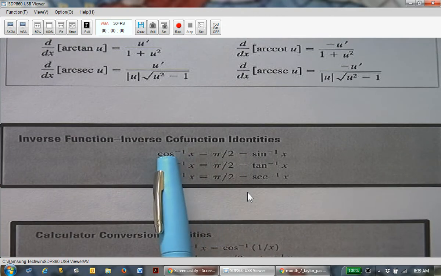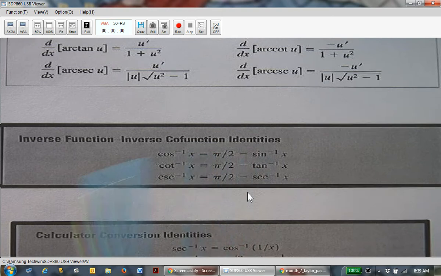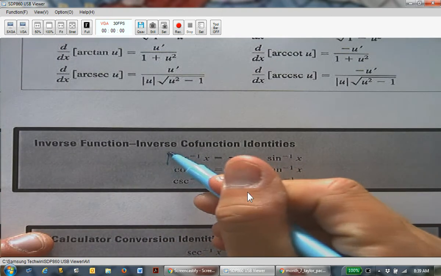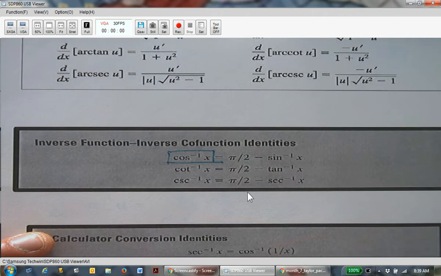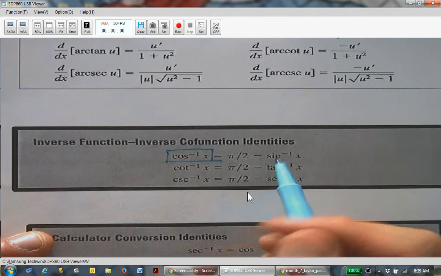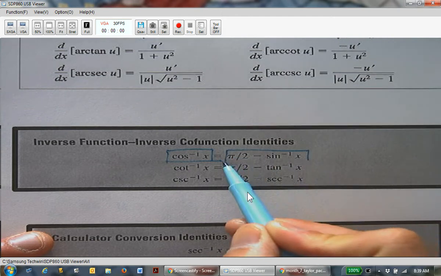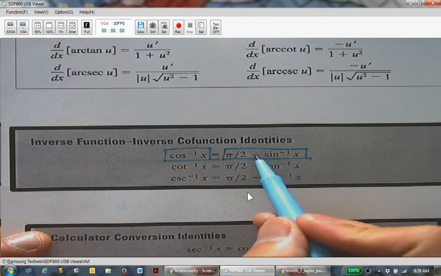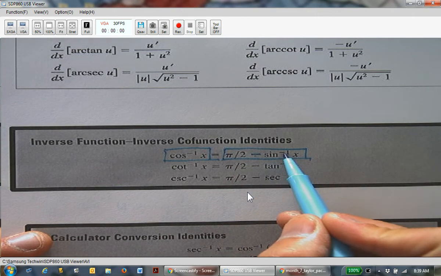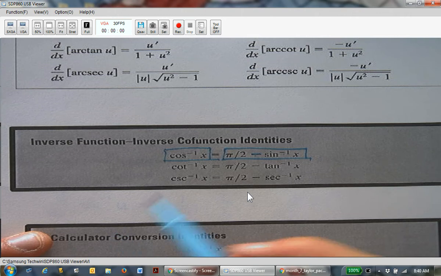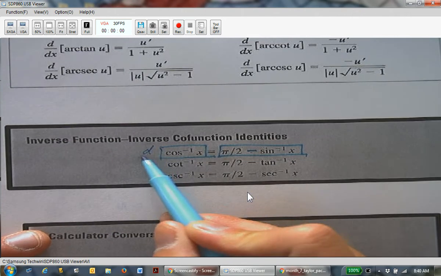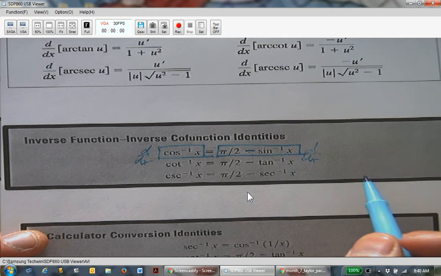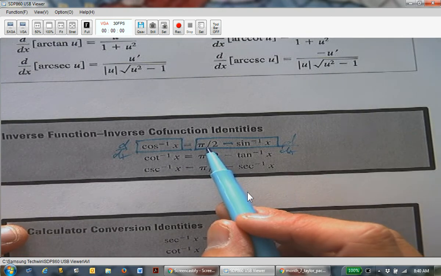Here are more trigonometric identities. Another trigonometric identity you might not know is that inverse cosine of x is also equal to pi over 2 minus, pay attention, minus inverse sine of x. If I took the derivative of both sides, what is the derivative of pi over 2?